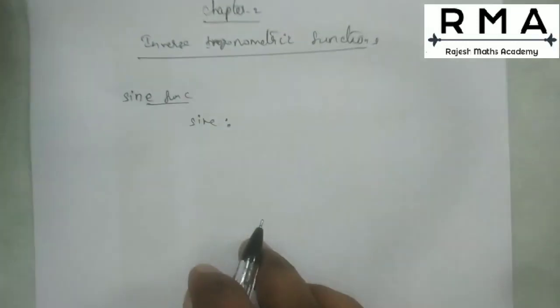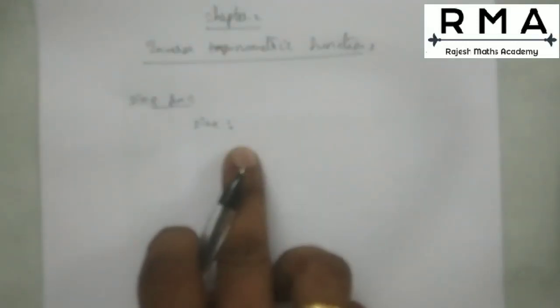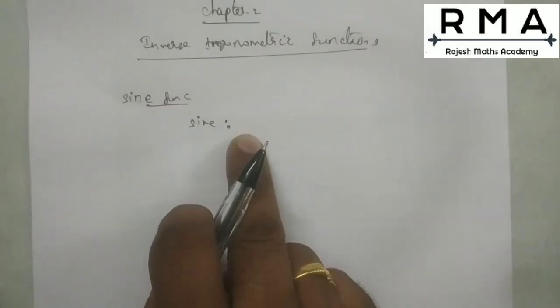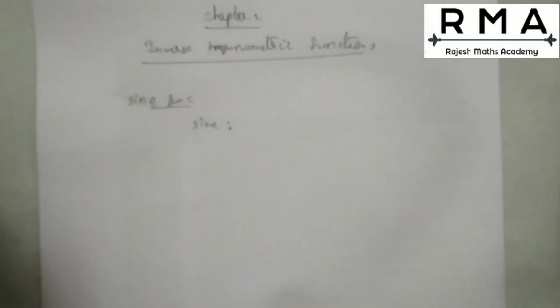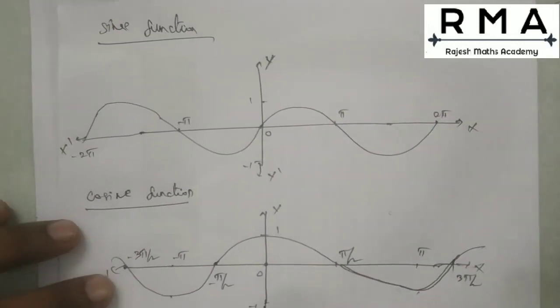Now the sine function. We see the graph of the sine function, and after that we will write its domain and range. The graph of the sine function is given here.